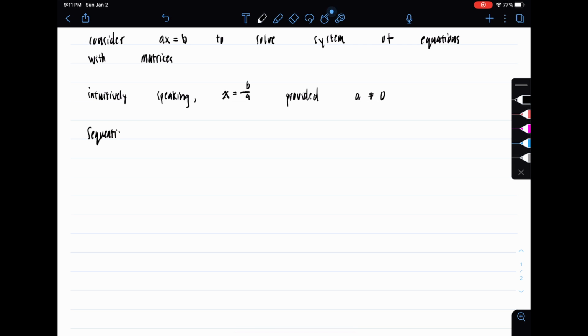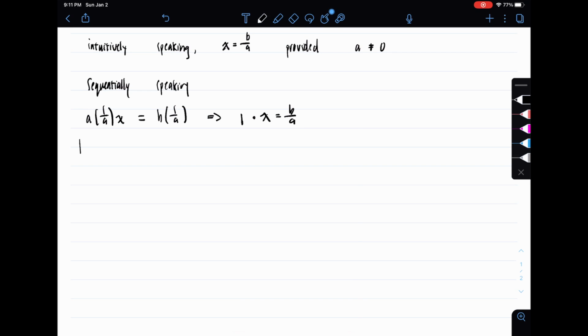Sequentially speaking, if we break this down into pieces, we would simply multiply both sides by 1 over a, which would equal 1 times a times x equals b times 1 over a.